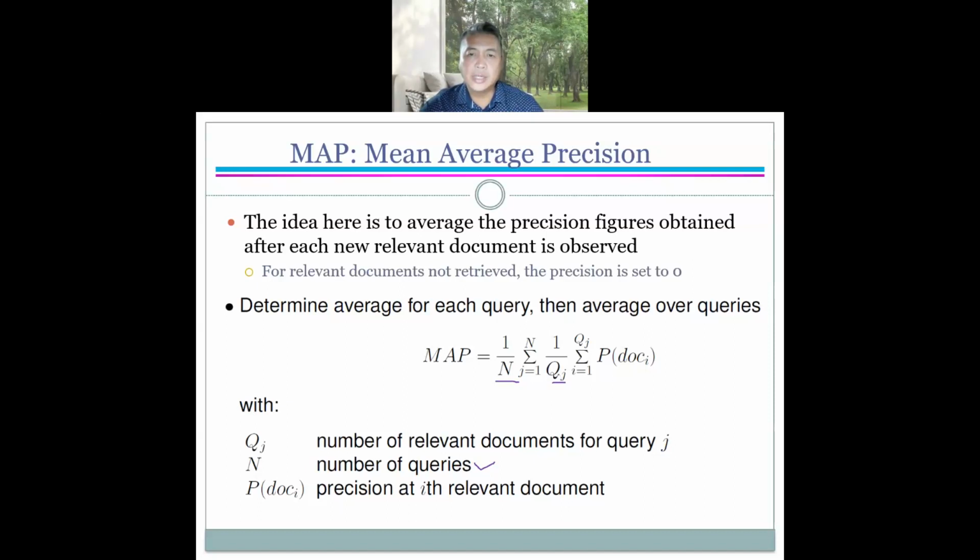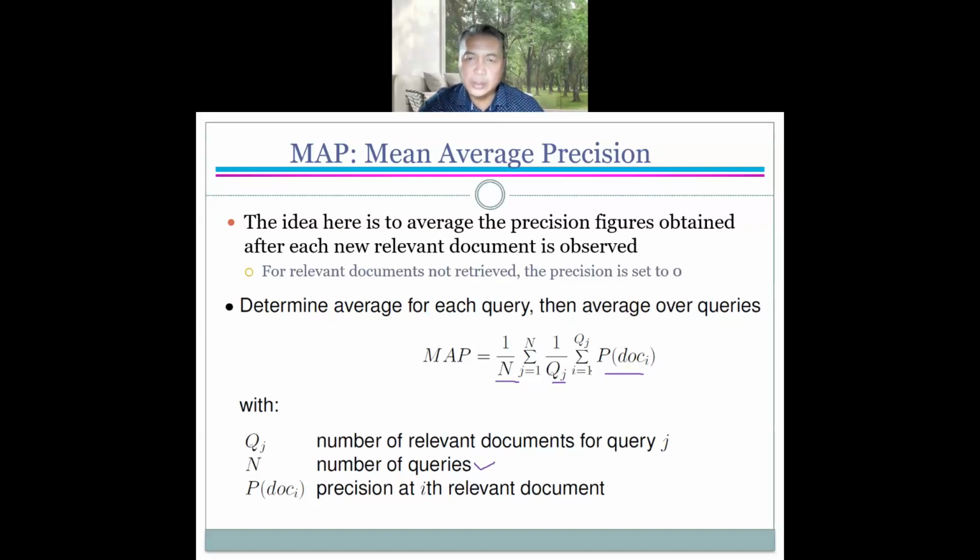Q_j here refers to the number of relevant documents for query j. And this one refers to the precision of all the documents related to query j.